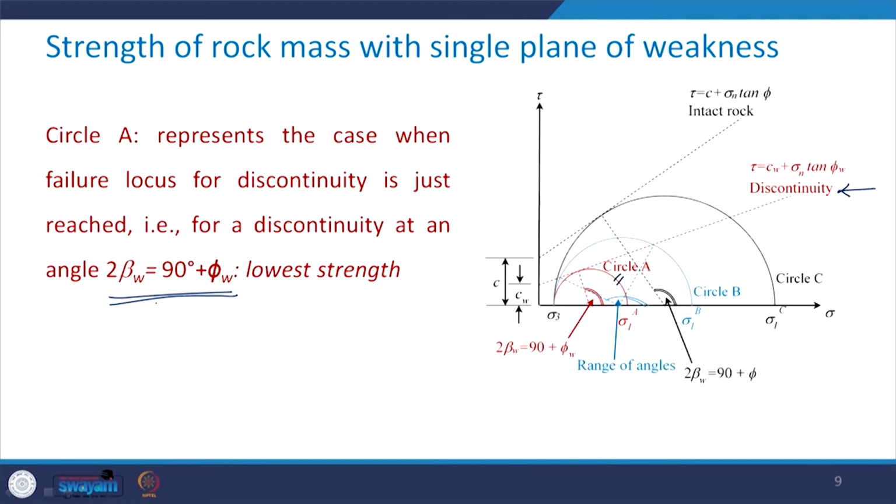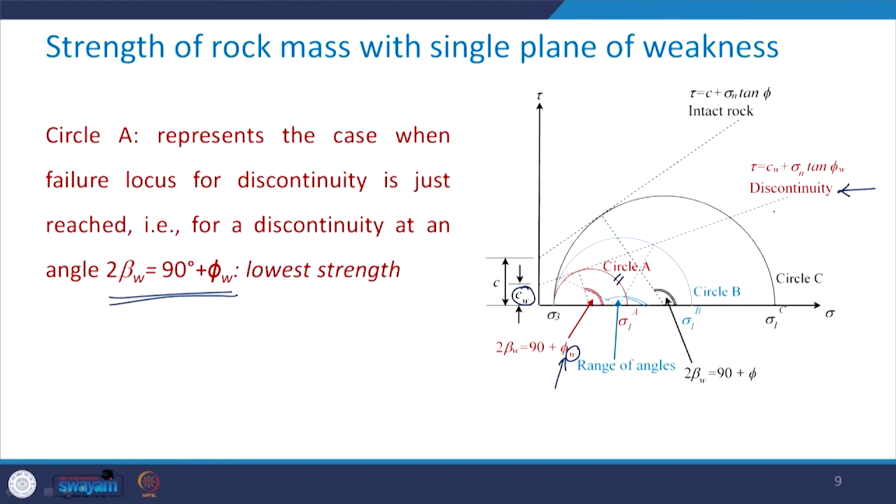Here I have replaced the phi which we were discussing earlier with respect to the discontinuity, writing it as phi w, w for wall. In this case you have the cohesion intercept as Cw.